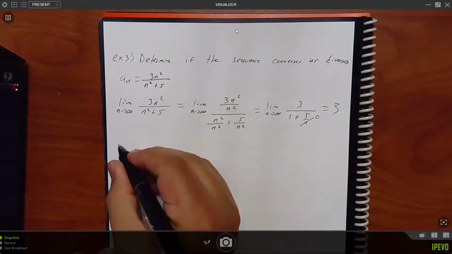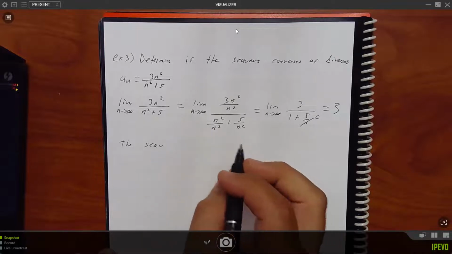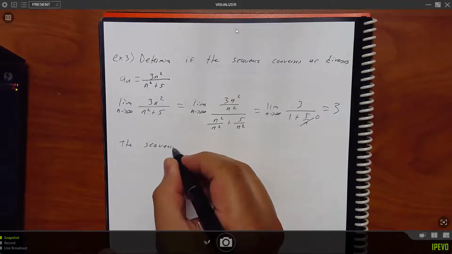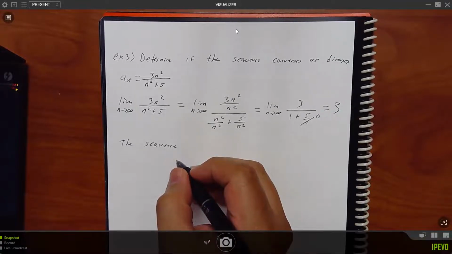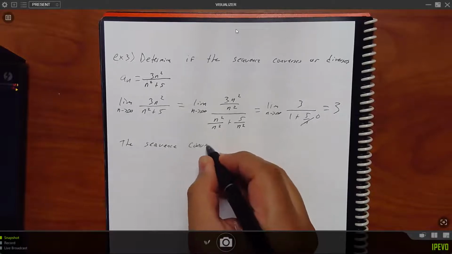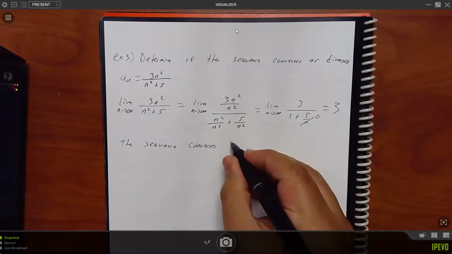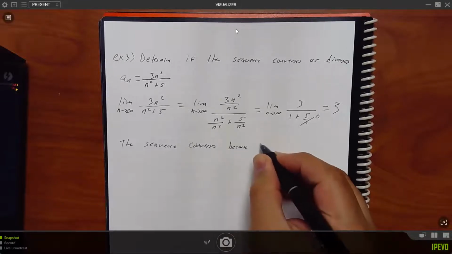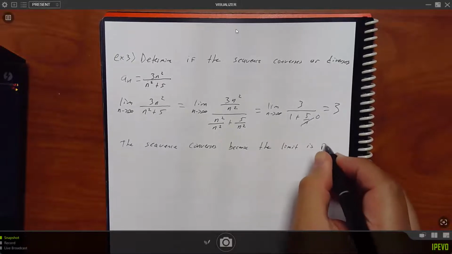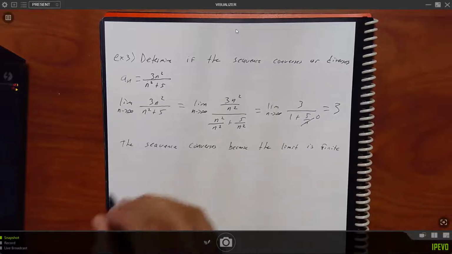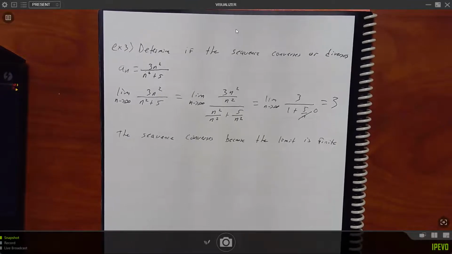So the conclusion is the sequence converges, because the limit is finite. Because the limit exists. If it doesn't exist, you would say diverge, or if it's infinite.